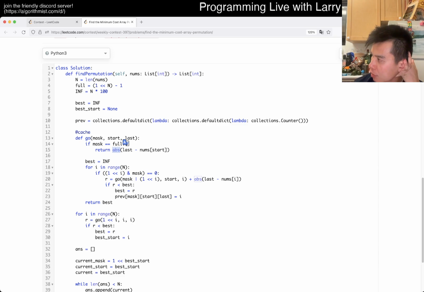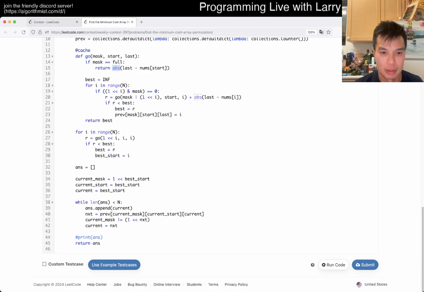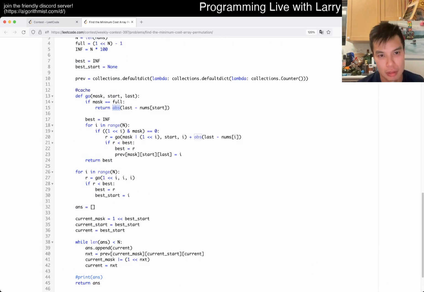Can I take out the start and then do 2 DPs? Maybe. Like, what if I do this?